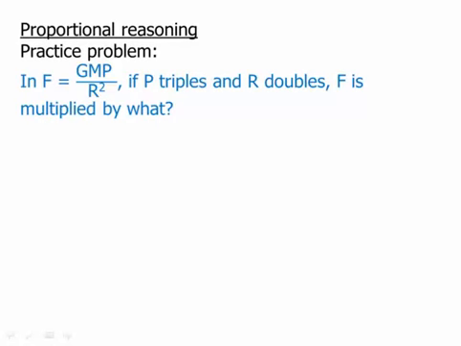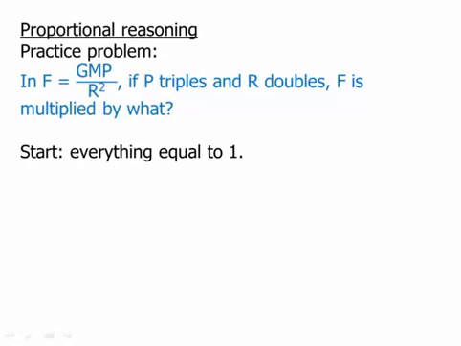Here's a practice problem. Pause the video and then we'll talk about this. Okay, so this is Newton's formula for gravitation. The test may or may not tell you that. So we get this formula, and we want to know if p triples and r doubles, F is multiplied by what? So we're going to assume everything else stays the same.